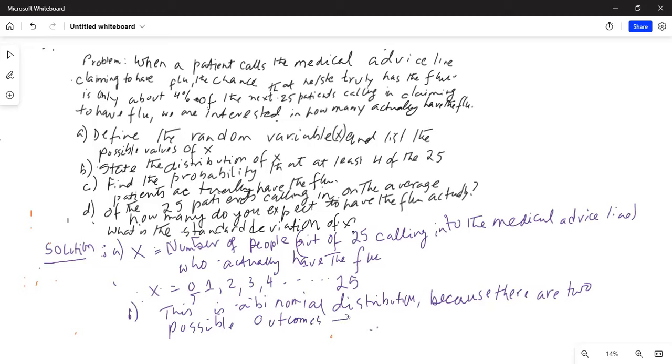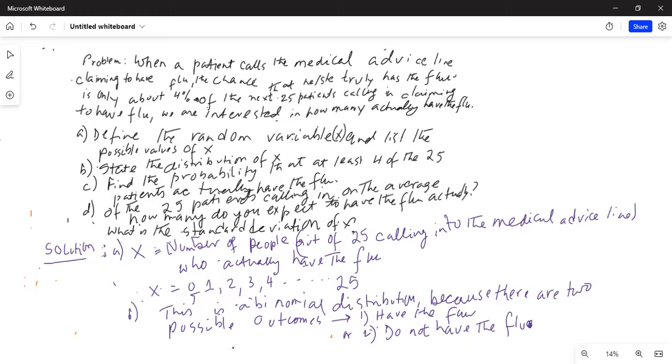What are the two possible outcomes? One, have the flu. Or two, do not have the flu. Because there are two outcomes, this is a binomial distribution. And we are interested in the probability distribution of X, where X is the number of people out of 25 calling in who have the flu.